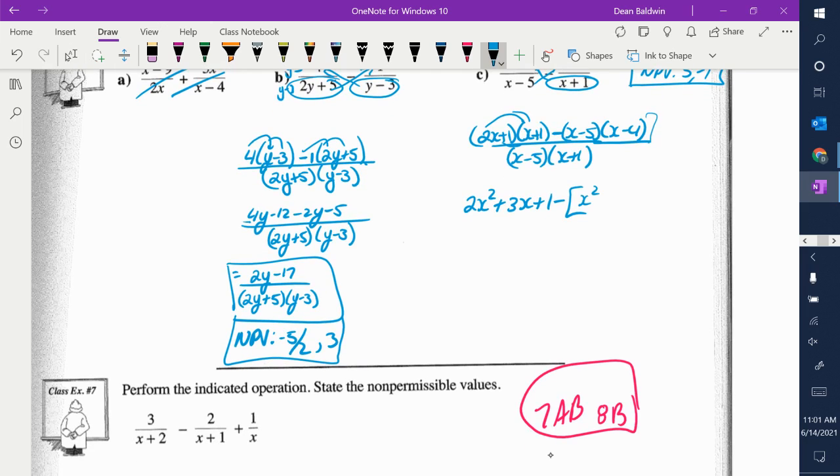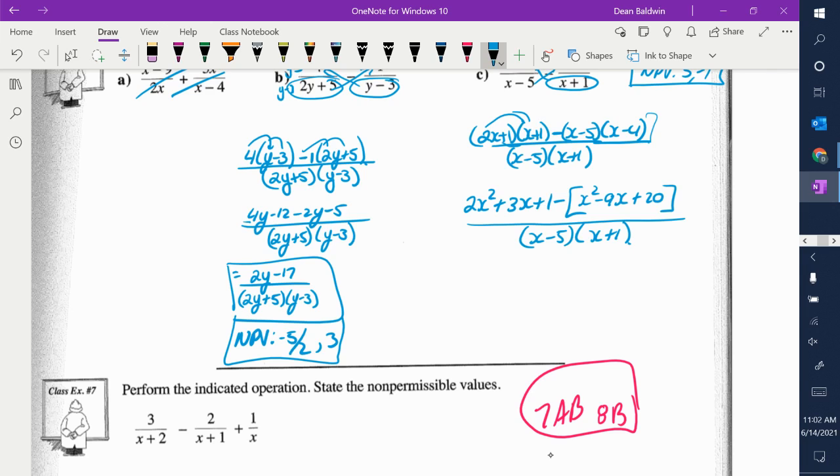So it's going to be x squared minus 9x plus 20, all in brackets. Again, don't multiply out the bottom. And then you collect your like terms.